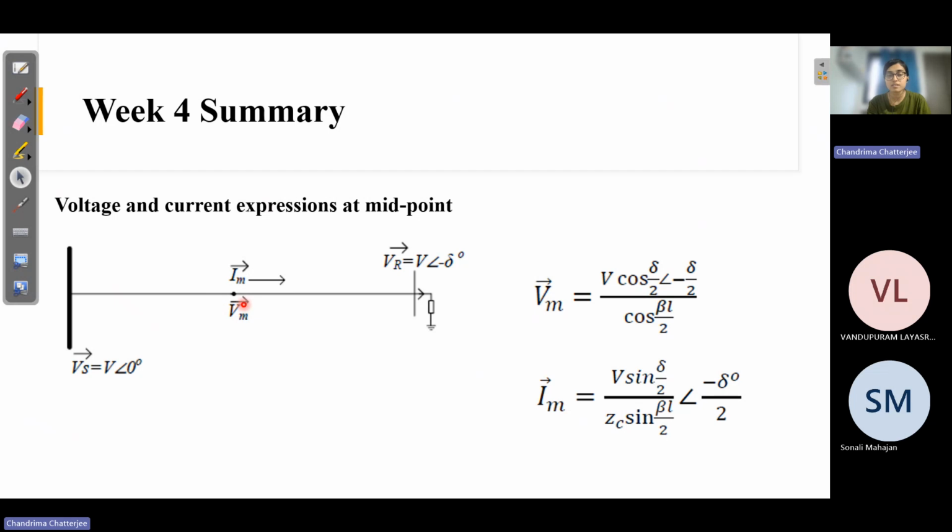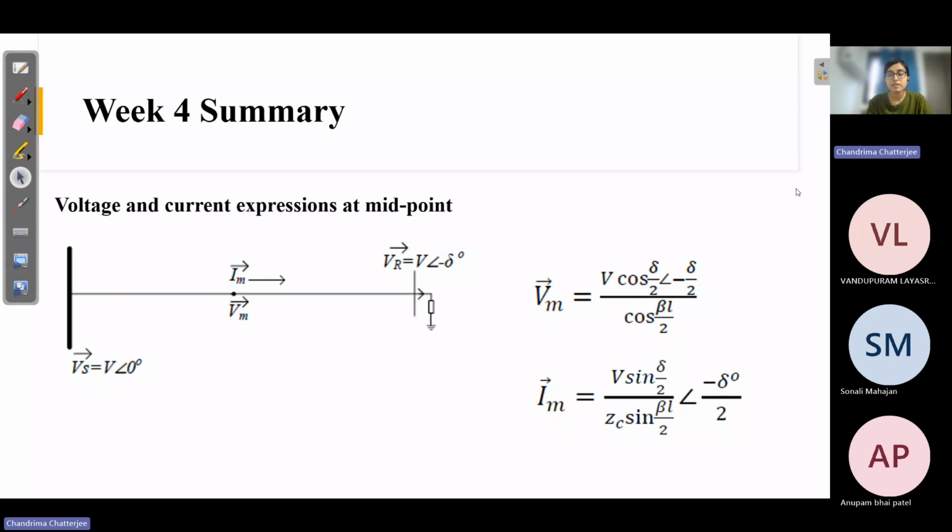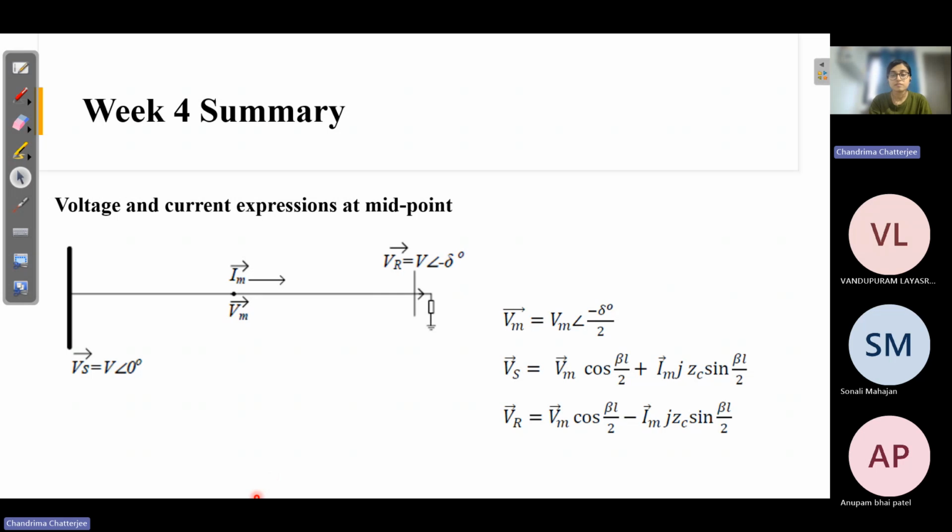This is exactly at the midpoint of the transmission line. What we will have to do is we will have to find out the expression of voltage and current at this point, and also later we shall see the active power and reactive power at this point, right?